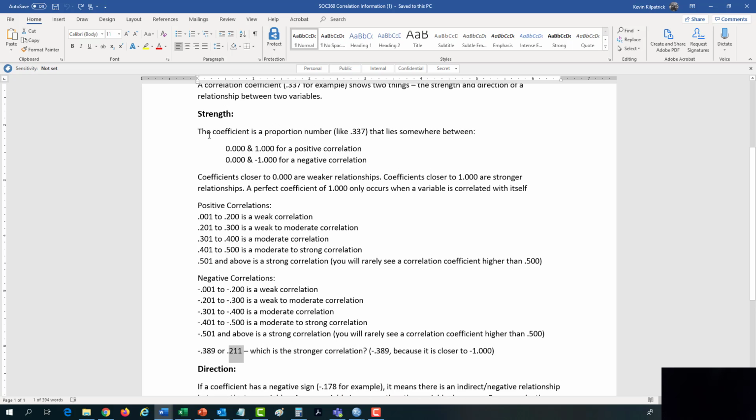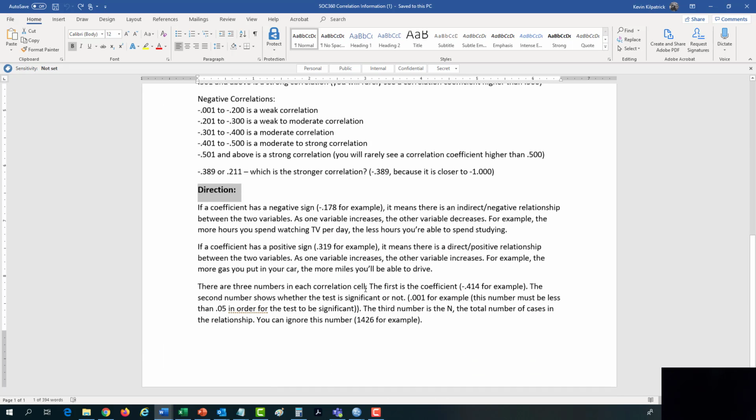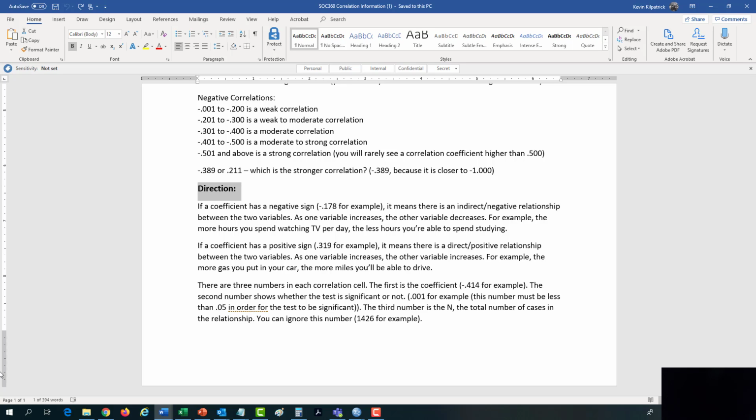Okay, so that's strength. Now we're going to talk about direction. If a coefficient has a negative sign, it means it is an indirect negative relationship between the two variables, right? So as one variable increases, the other one decreases, or vice versa.